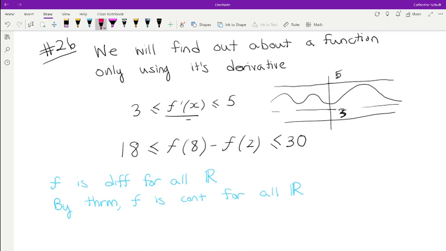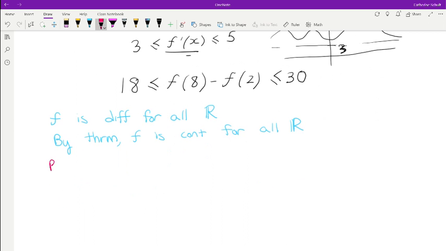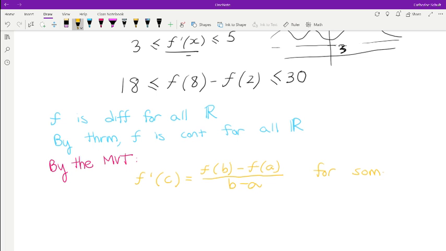So we can say by the mean value theorem, by the MVT, there exists a c in (a, b) where the derivative is equal to the slope of that secant line. That's the MVT. All right, and we'll write for some c in (a, b).